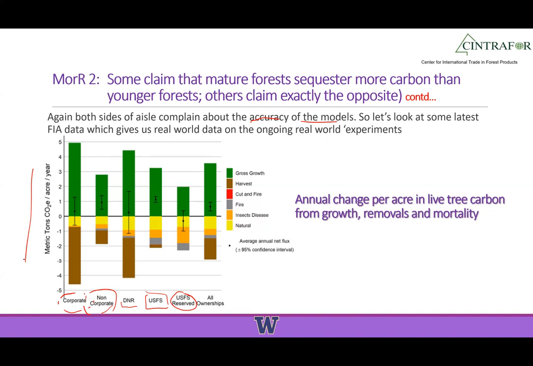In that same forest type, we are harvesting a little bit less than 4 metric tons of CO2 per acre per year. So it's skimming from the top of what is growing in that particular year. And the yellow you see is the natural decay and mortality. There are other factors like fire and whatnot.